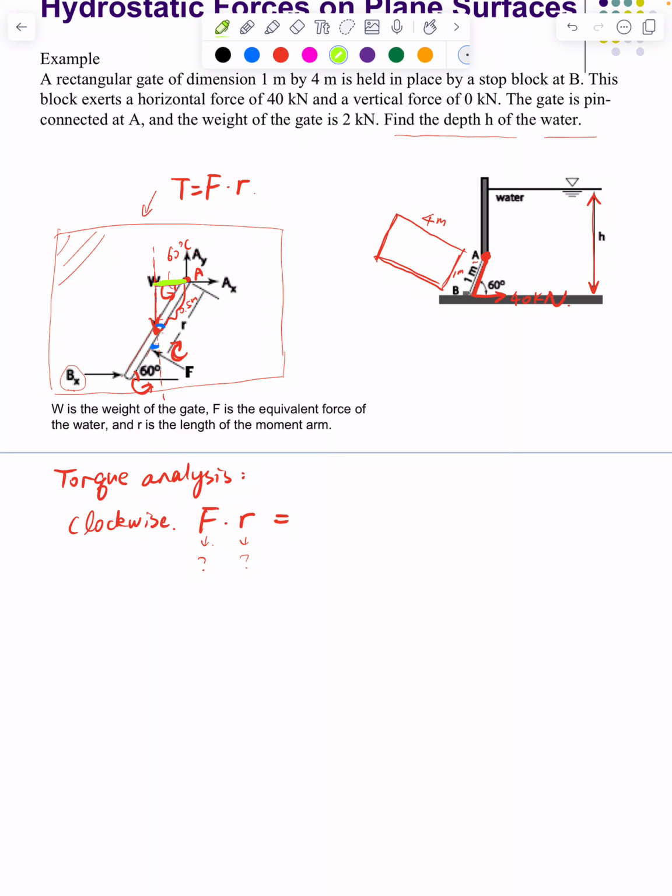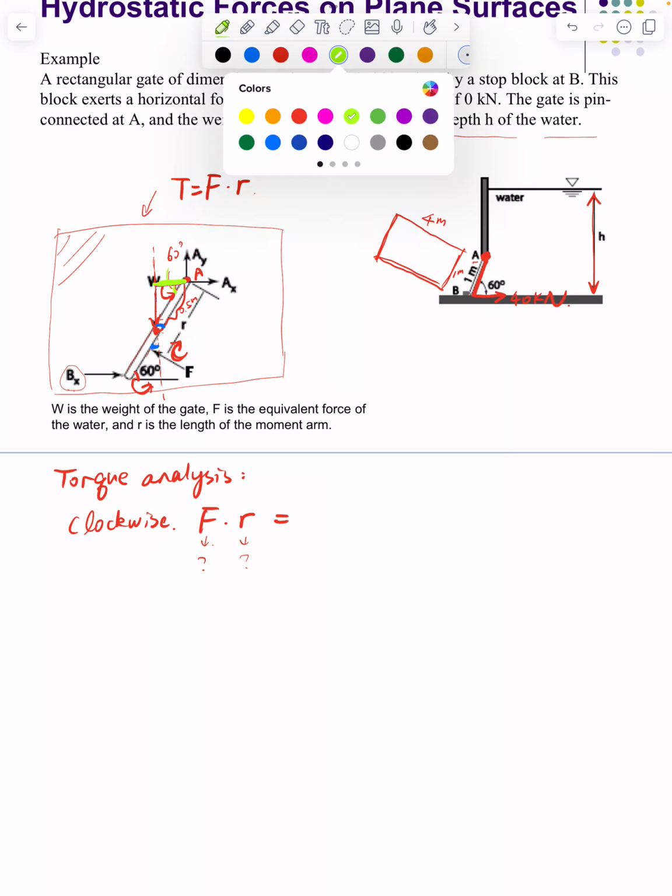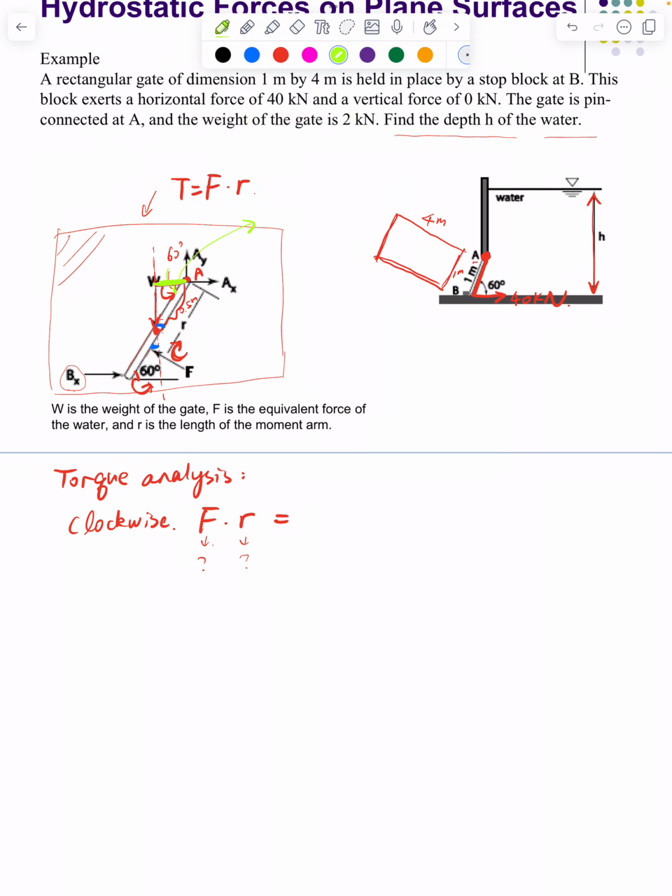It's this length, and because here is 60 degrees, the length of this green line is 0.5 multiplied by cosine 60 degrees, right?